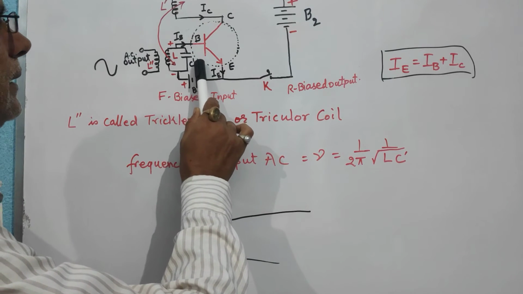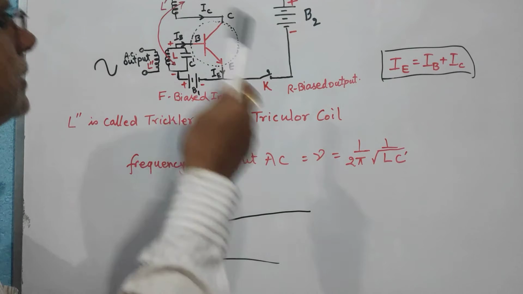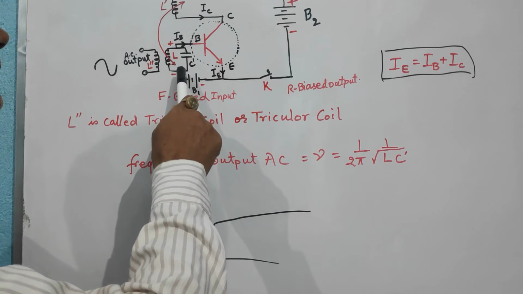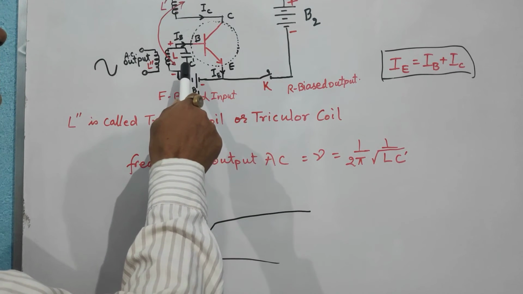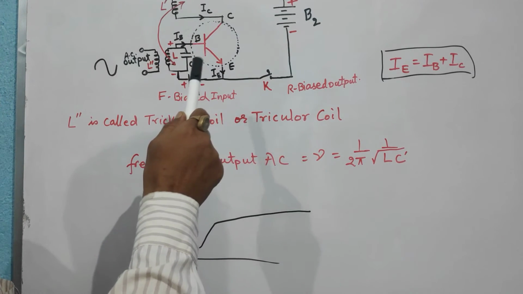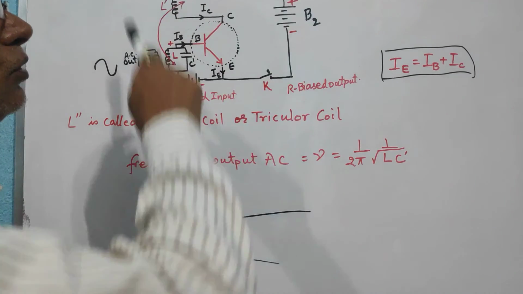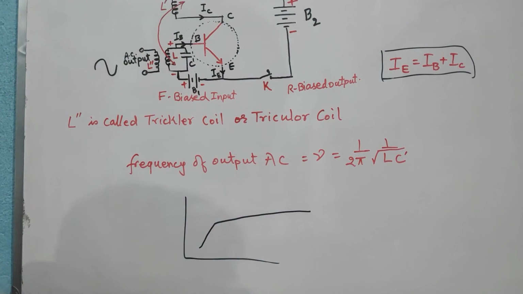Now capacitor C dash, which is now reversely charged, starts discharging, and then it increases the forward bias, that increases the collector current, and this whole process repeats again and again.